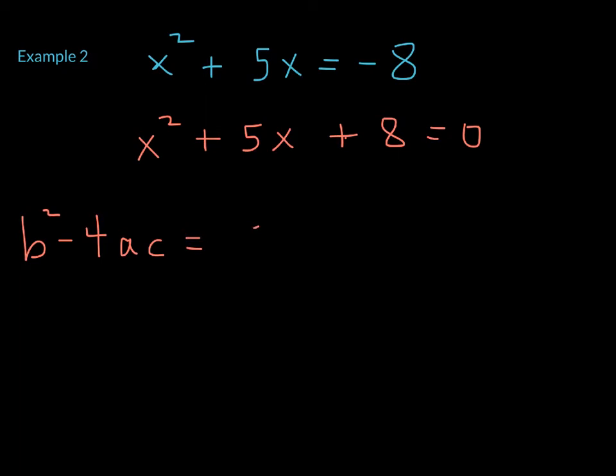In this case, it will be 5 squared minus 4 times 1 times 8. All of this turns out to be negative 7. Because the discriminant is negative, we know that there will be 2 solutions, but these 2 solutions are not real numbers. They are non-real, and they happen to be complex conjugates.